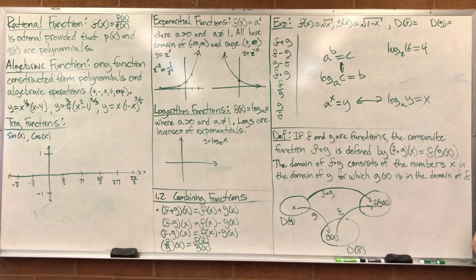They're inverse functions. The same way that addition and subtraction are inverses of each other, the same way that multiplication and division are inverses of each other, so too are exponentials and logarithms. Make sense? Yeah. Okay. So they're just inverses of each other.